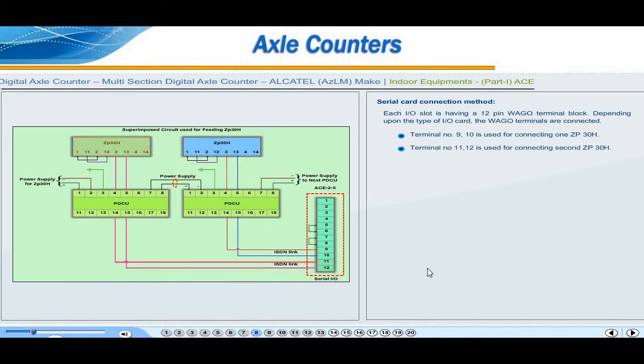Terminal number 11, 12 is used for connecting second EZP30H. Terminal numbers 5, 6, and 7, 8 are to be shorted in order to avoid crosstalk between both the ISDN links. For each detection point, one pair of ISDN link is used.